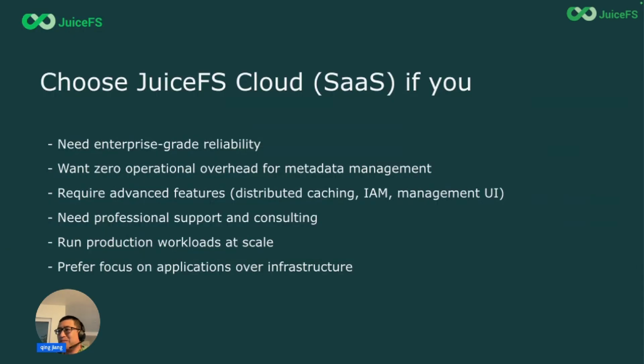So when to choose open source or SaaS, I think it depends on your needs and how you are going to use JuiceFS in your particular use case. If you want zero operational overhead, automated backup, monitoring, technical support, which is important, you may consider using our SaaS offering.